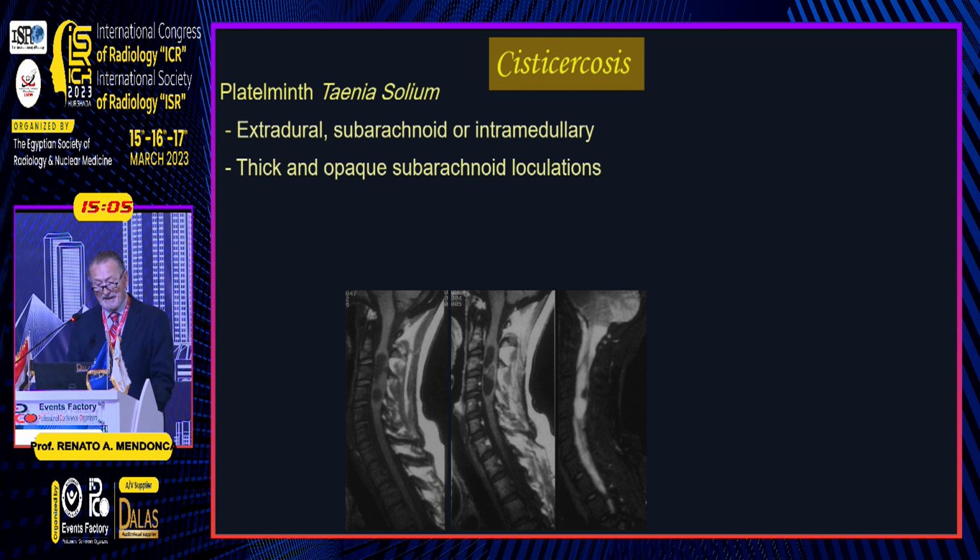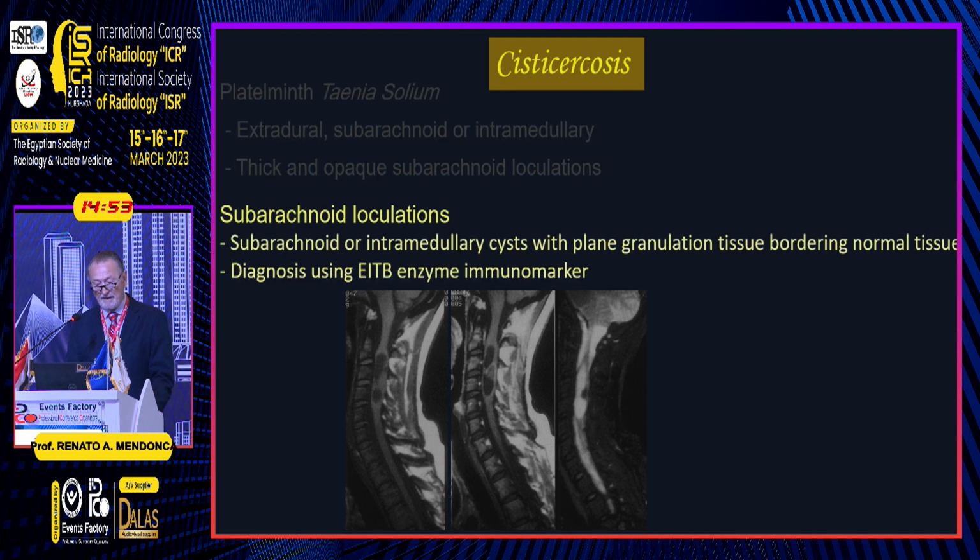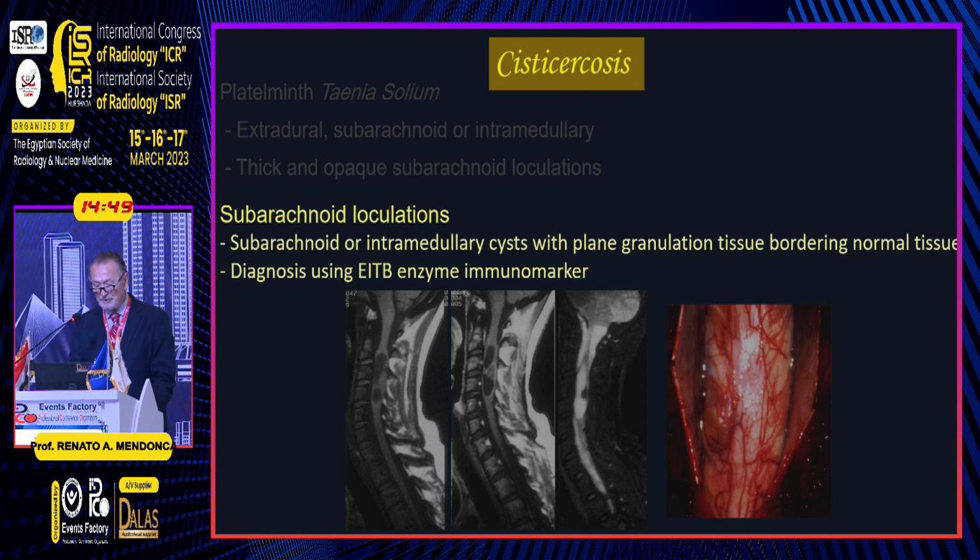But in South America, Asia, and even in the United States, because of migration factors, we can still find this kind of infection. This is the finding during the surgery, and thanks to the surgeon, it was completely removed, and the patient is almost without any deficit after the surgery.